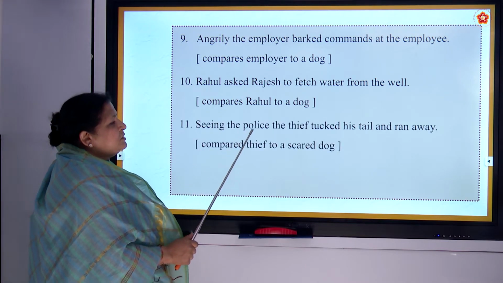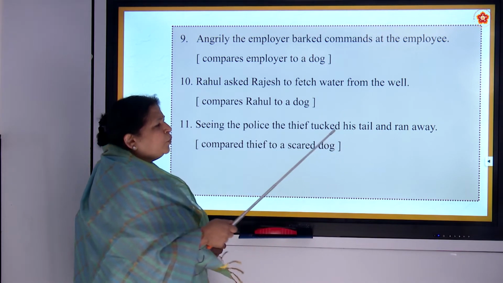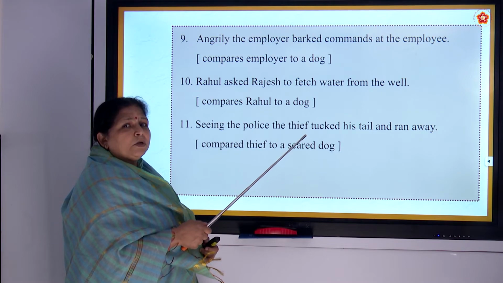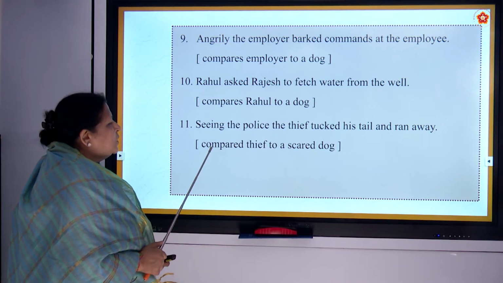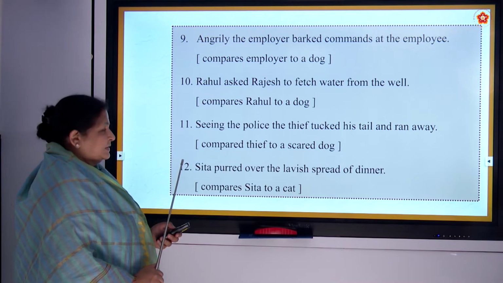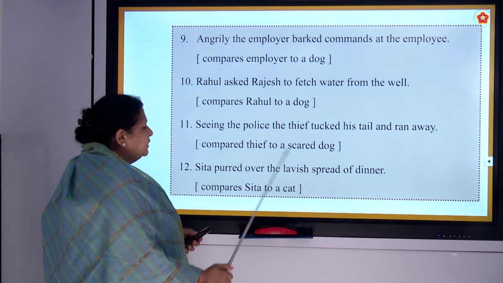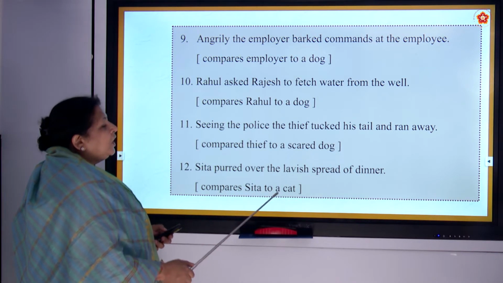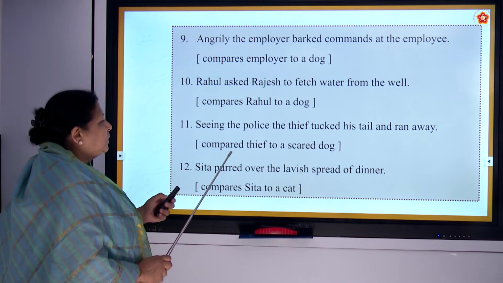Seeing the police, the thief tucked his tail and ran away. Who tucks the tail? Yes, the dog. So it compares the thief to a scared dog. Sita purred over the lavish spread of dinner. It compares Sita to a cat. Purred, P-U-R-R-E-D.